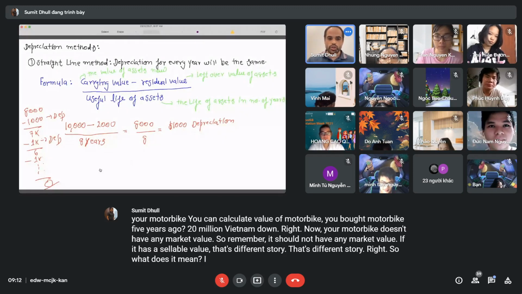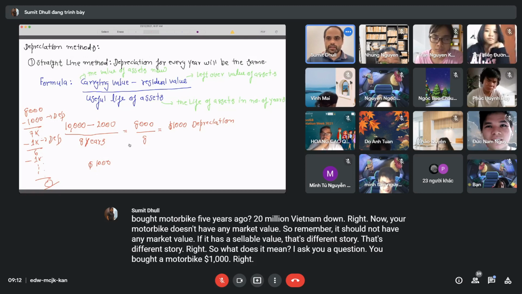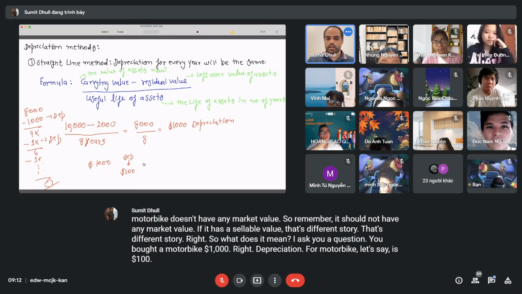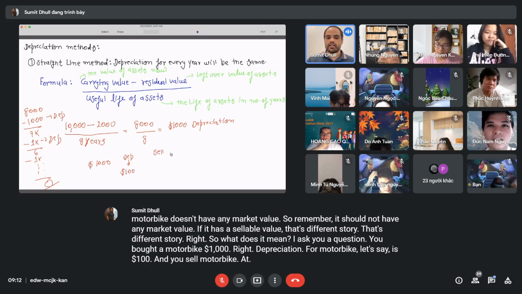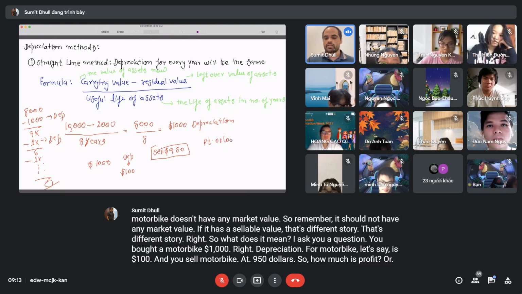I ask you a question. You bought a motorbike for $1,000, right? And depreciation for the motorbike, let's say, is $100. And you sell the motorbike at $950. So how much is the profit or loss?